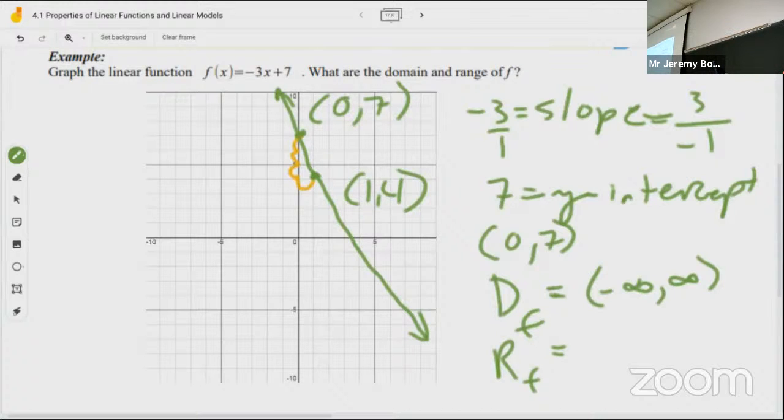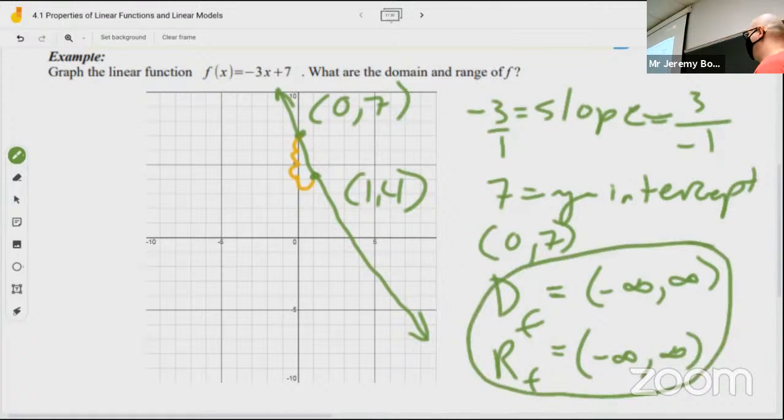Just 2 options, right? It can either be all reals or it can be a single value. What do you think it's going to be in this situation? All reals. So this would be negative infinity, positive infinity. And there we go. Any questions on that?